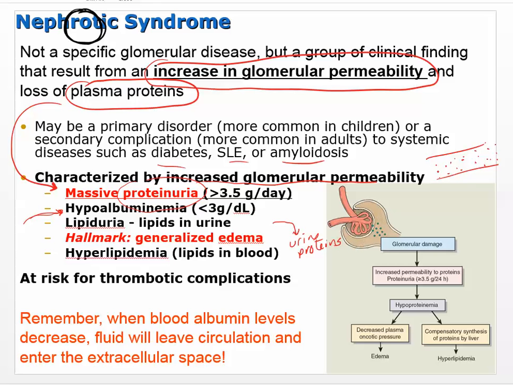And so a lot of times you might need to give albumin intravenously to restore this osmotic capacity of the blood. And so when that's decreased, I know this is the second time I'm drawing it, but it will draw that water out, and that's edema.